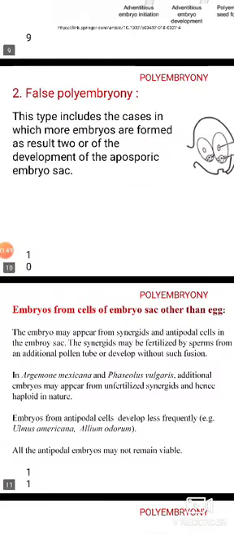Embryos from cells of the embryo sac other than the egg. The embryos may appear from synergids and antipodal cells in the embryo sac.